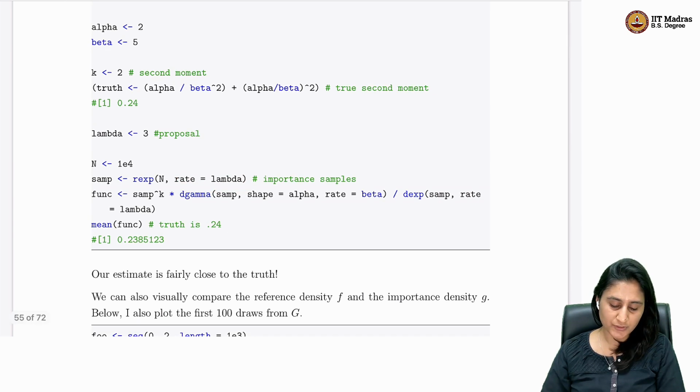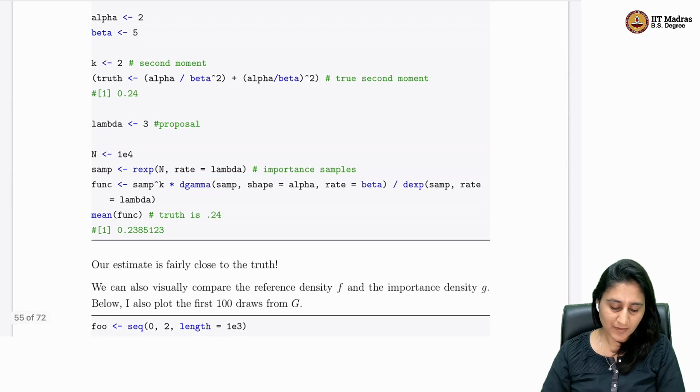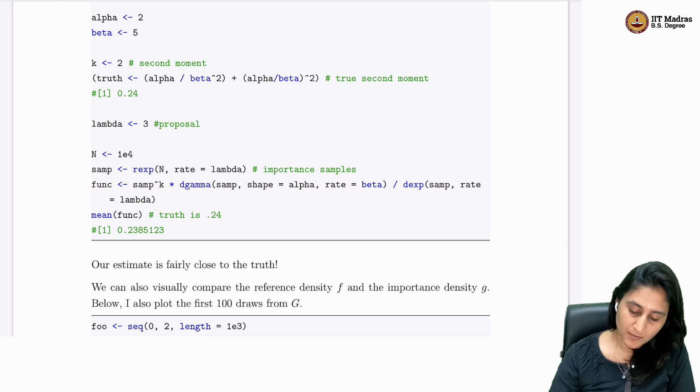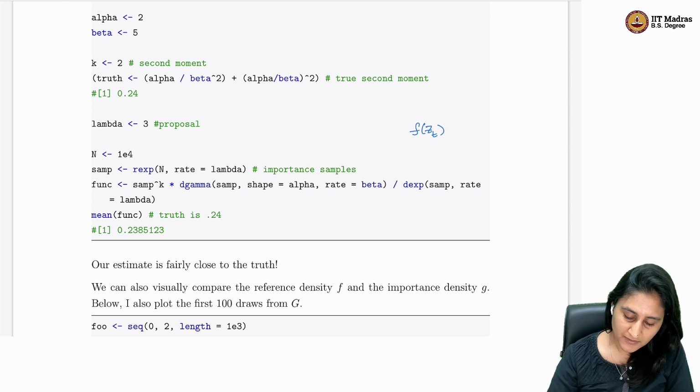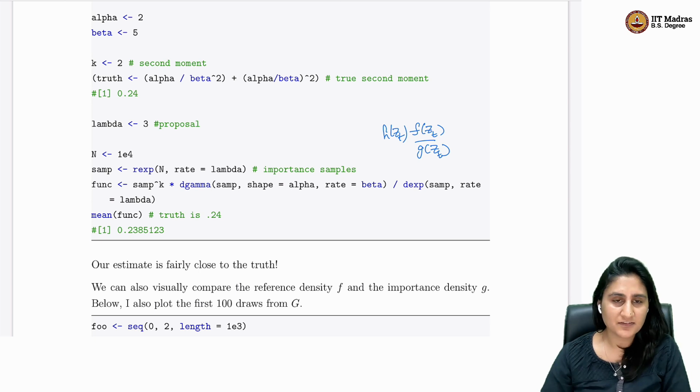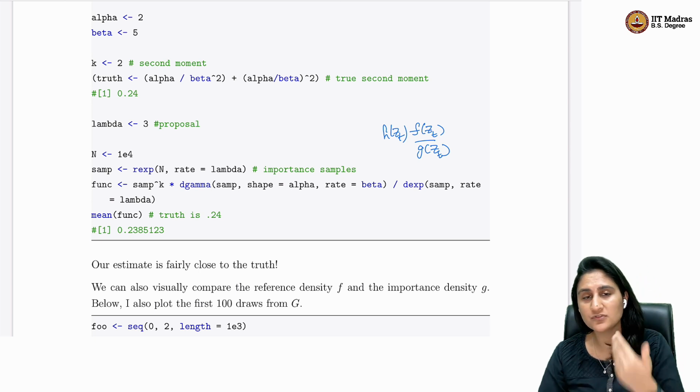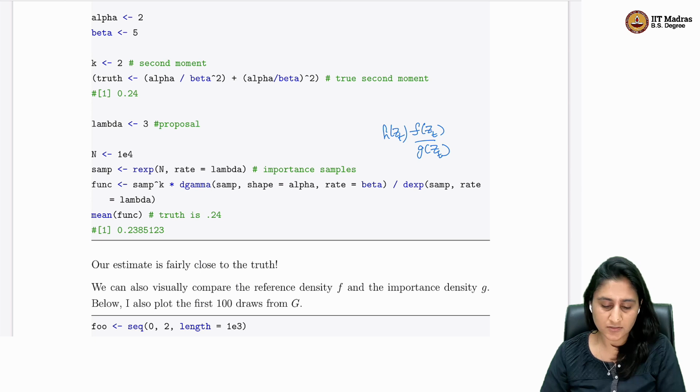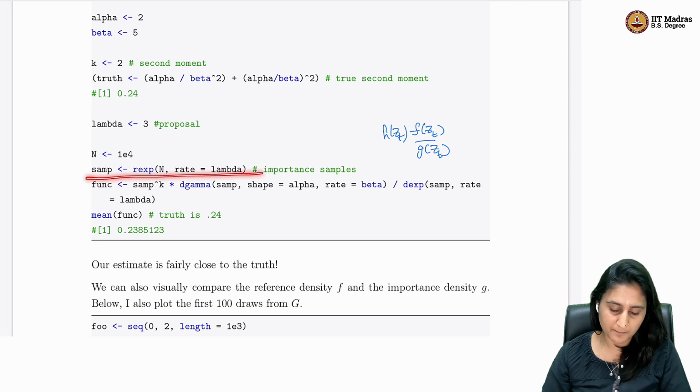So I ask it to draw 10,000 samples from this exponential. Then I calculate func. Now func here is basically f of zt times h of zt divided by g of zt. I calculate this in a way that's conducive to vectorization for all the z's that I have sampled, from SAMP.